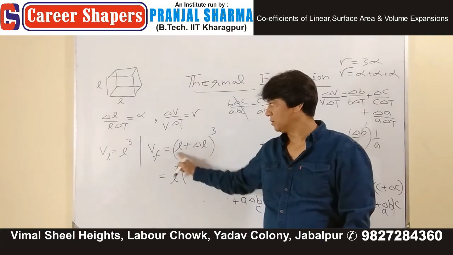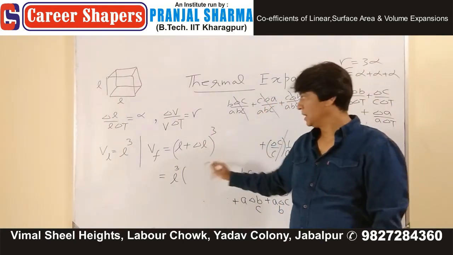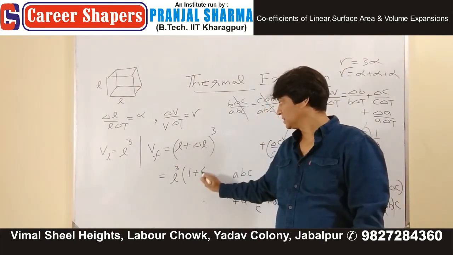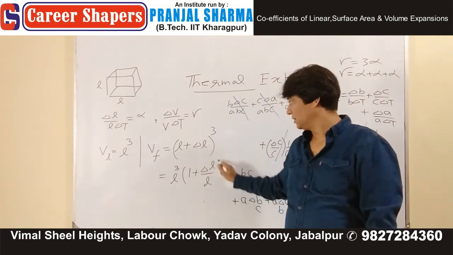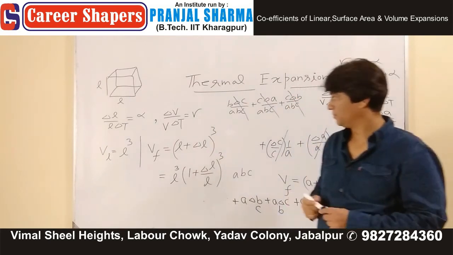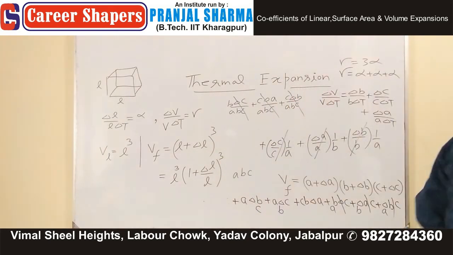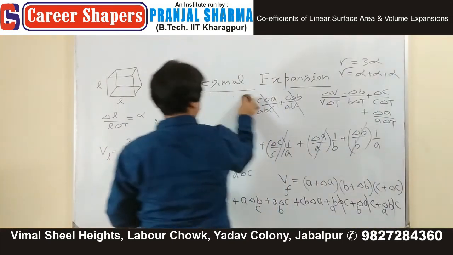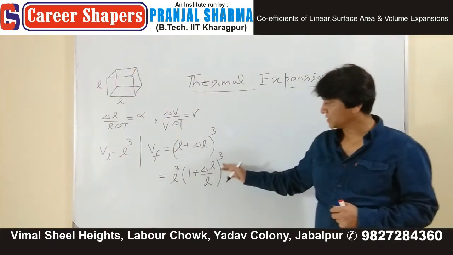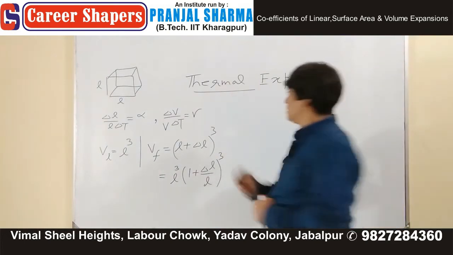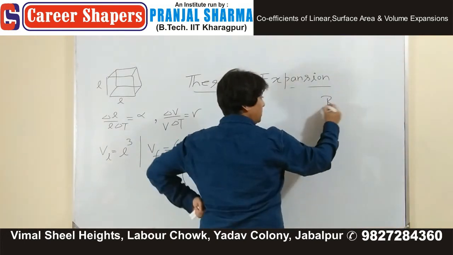If you take L out, it will be L cube. And then inside it's 1 plus delta L upon L, the whole cube.